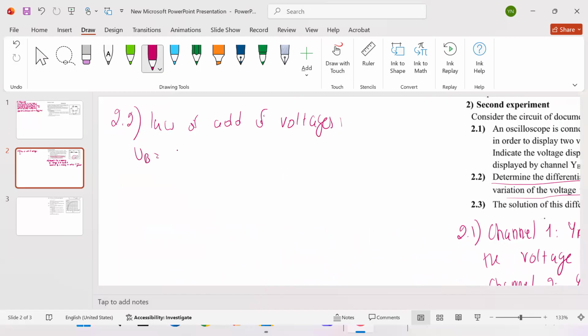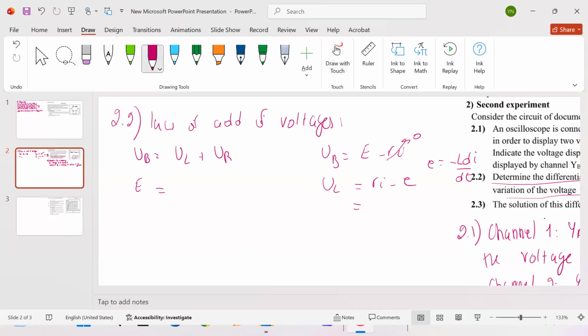UB is equal to UL plus UR. We're so familiar with this expression. We just replace each one of them by their formula. UB, I remind you, it's E minus Ri, but we don't have internal resistance, so we can get rid of Ri. UL, it's the coil. It's ri minus e. And e, it's minus L di over dt.